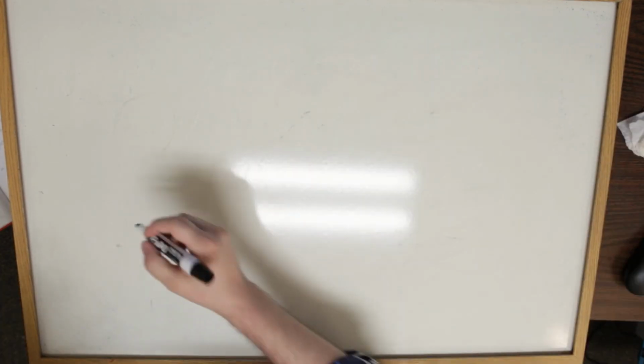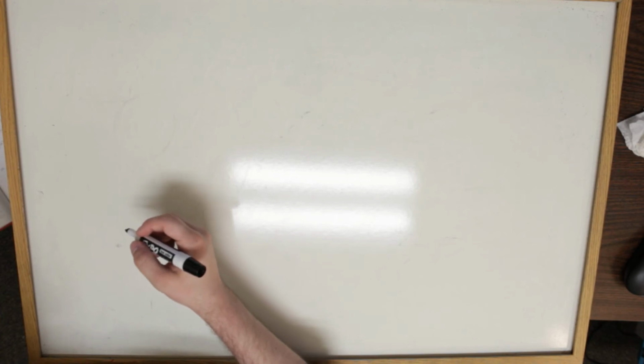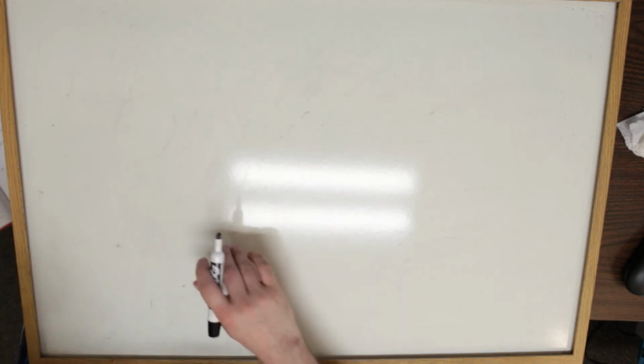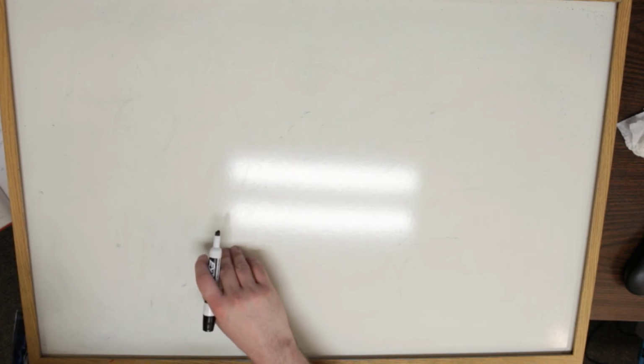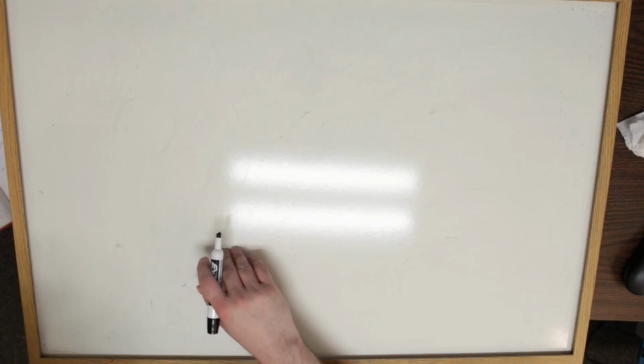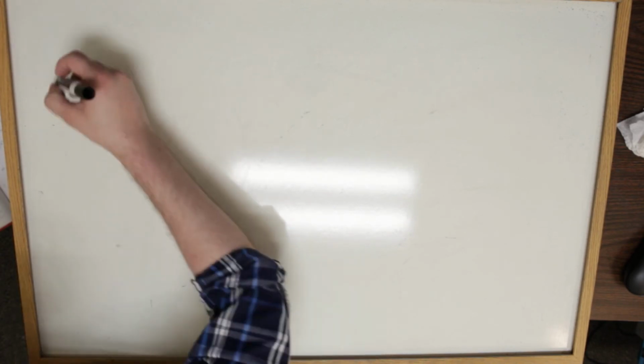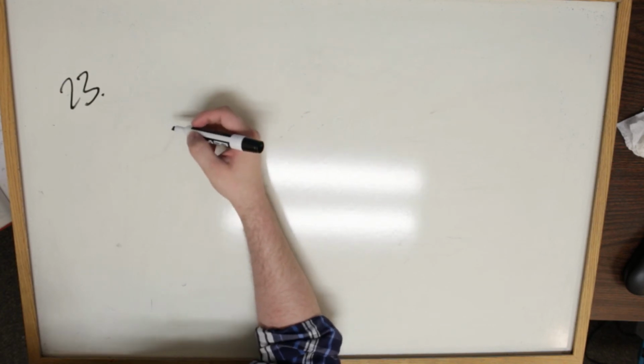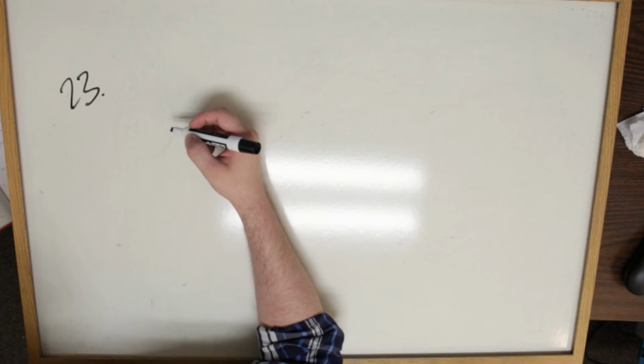I'm going to do 23. I want to do just another one. If you have a rational expression and you get a 0 in the denominator, again, that would be a no, so just bear that in mind.